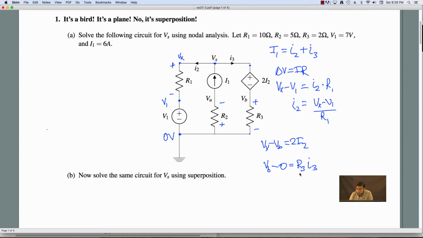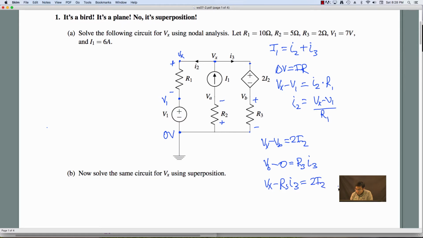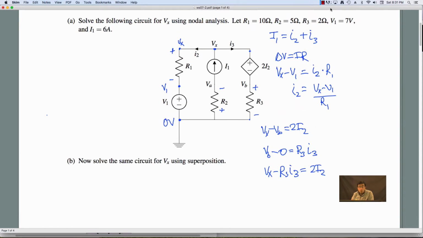Now we can plug in the expression for Vb we got above and express this quantity just in terms of I3, which is going to be Vx minus 2I2 over R3.